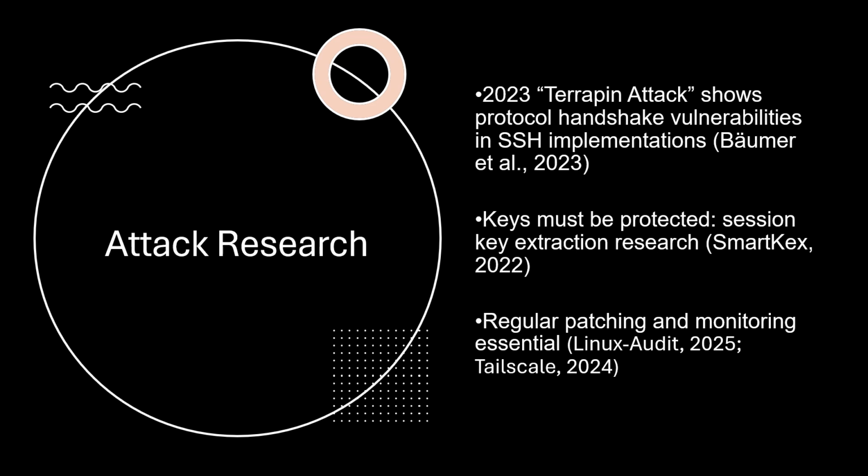This reinforces the need for constant patching. Meanwhile, SmartCat uses machine learning models to retrieve keys from memory snapshots, reminding us to harden not only transmission but storage. These real-world findings validate why OpenSSH must be continuously updated and audited.